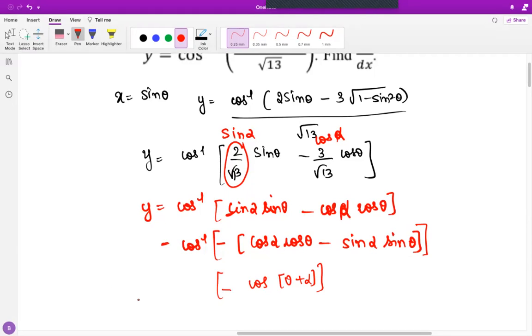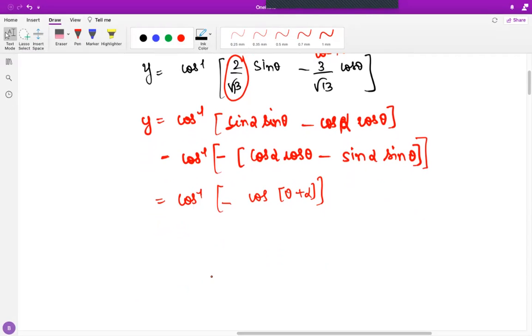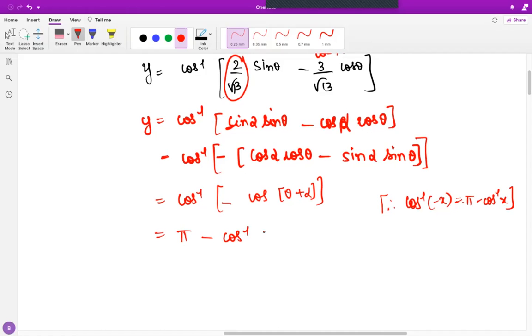Here we have cos inverse of negative cos of theta plus alpha. Since we have a negative, you already know the formula: cos inverse of negative x is pi minus cos inverse of x. So here also pi minus cos inverse of cos of theta plus alpha, that is pi minus theta plus alpha.